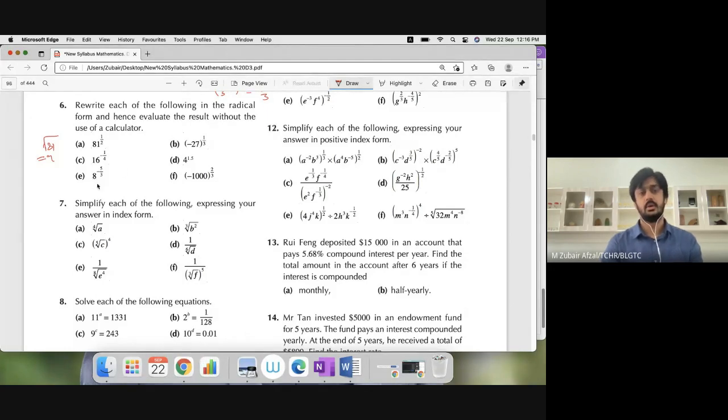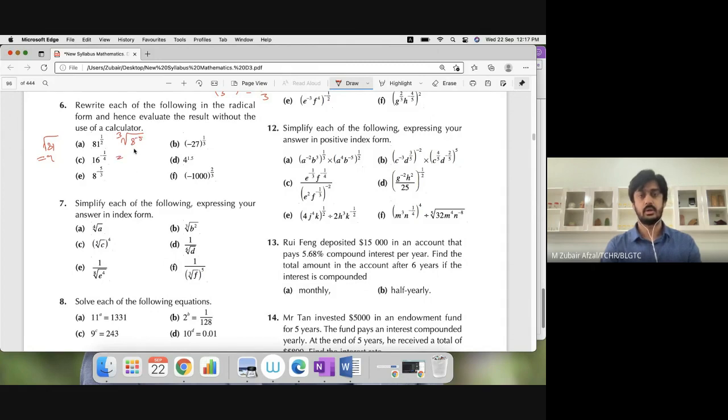When it says 8 raised to power minus 5 by 3, what we can do is 5 stays there, 3 comes out. So this is the cube root of 8 raised to power minus 5.